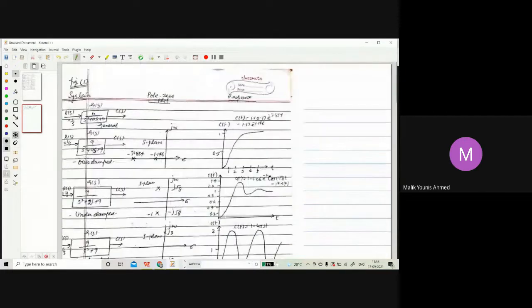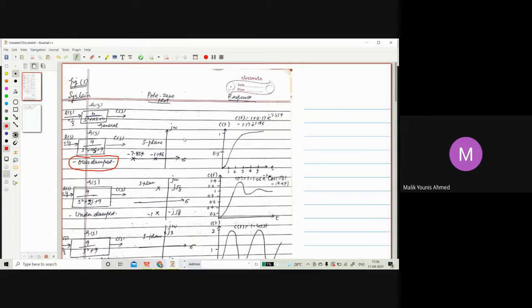Case number one is the overdamped case. You can see the pole-zero plot: one pole is on the negative real axis, the second is also on the negative real axis. These are system poles, and one pole, because of the step input that we have not shown, is on the origin.